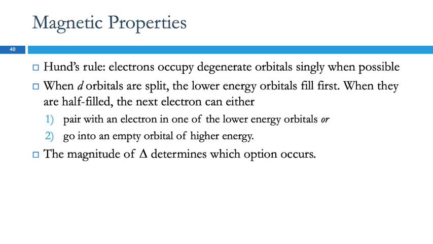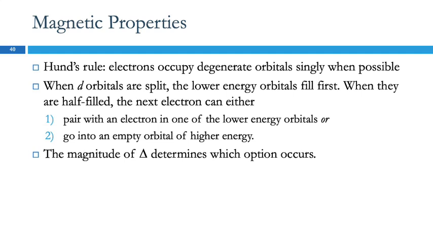So when these d orbitals are split, the lower energy orbitals are going to fill first because they're lower in energy, right? When you fill the lower energy orbitals half full, the next electron coming in has a choice. They can either pair up with someone in the lower energy orbital, or they can go to a higher energy orbital.